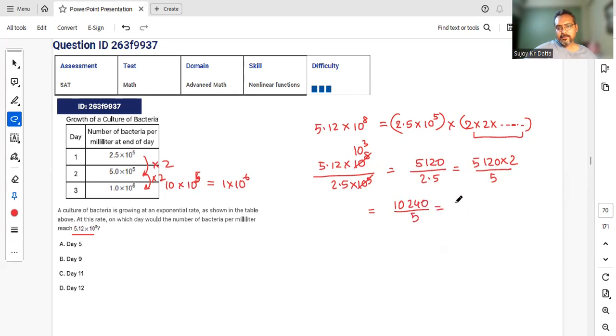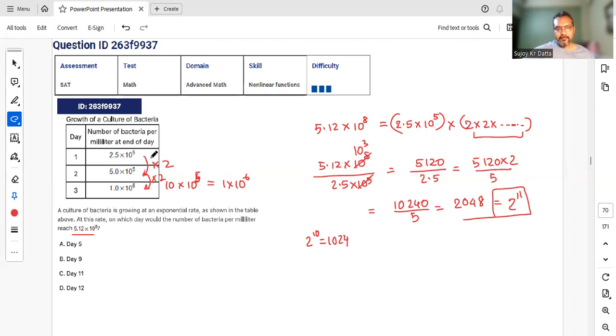That's 2048. Now we need to figure out what power of 2 gives 2048. 2 raised to 10 is 1024, and 2 raised to 11 is 2048. That means we need to multiply 11 times.